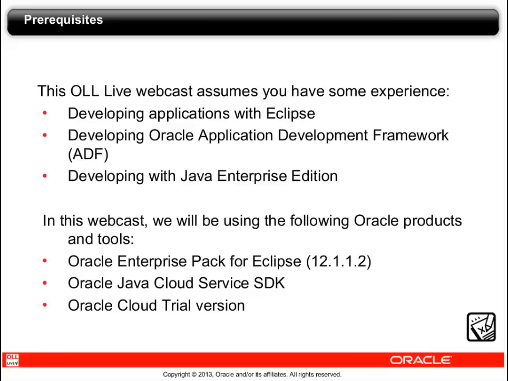And to develop applications with the Oracle Java Cloud Service, you also need to install a software development kit, as you can see on the list, the SDK. And all of the software that I have on this slide is available to developers for free under a developer license. So you can use these products to learn, at no charge at all.